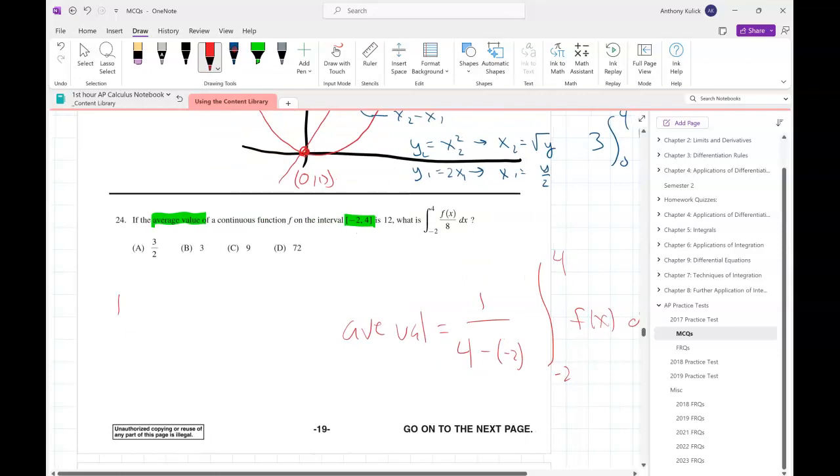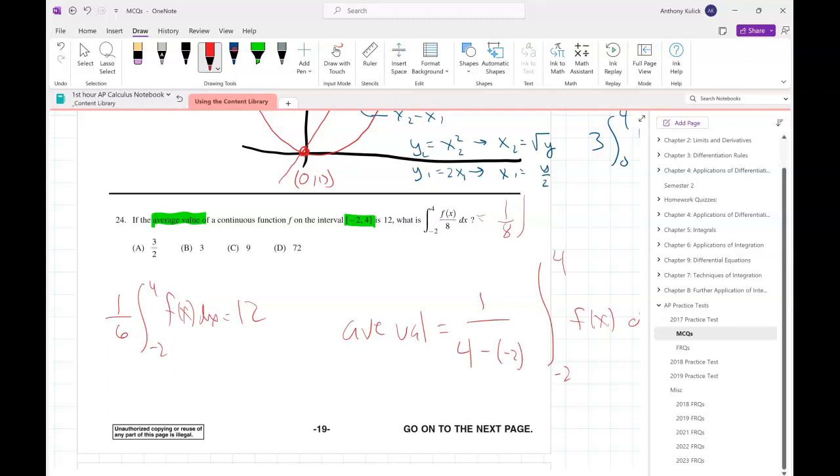So we know then this is 1 over 6 and that's equal to 12, right? This is the same thing as 1/8. Everybody see that?